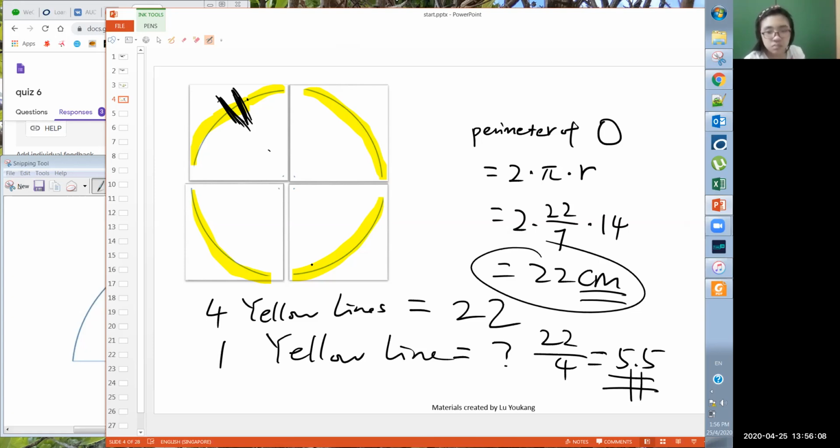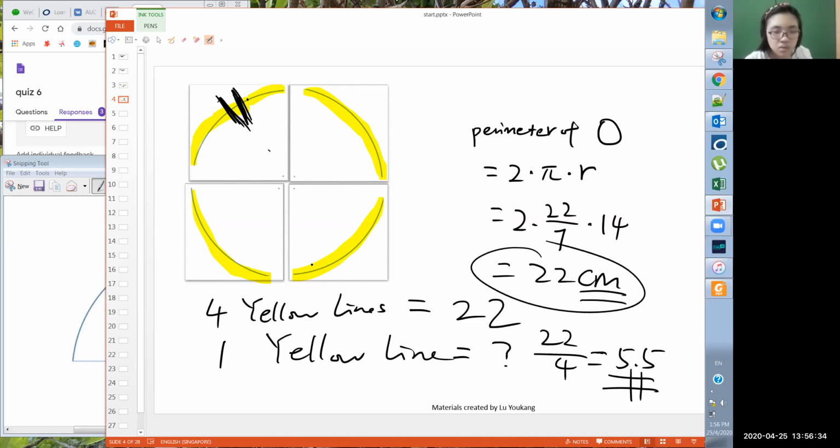You use the full circle divided by what? Which value will give you the quadrant? The 4. Yes.